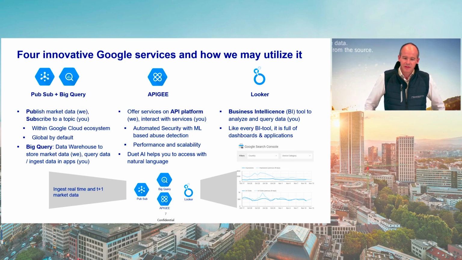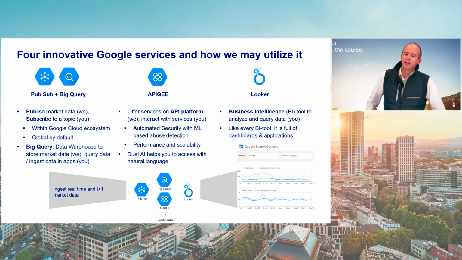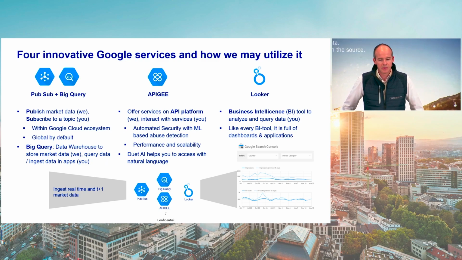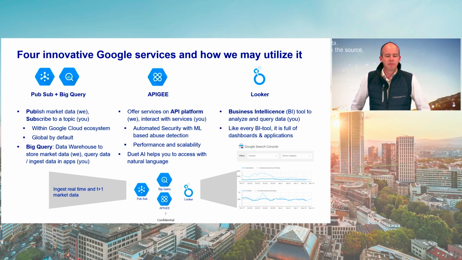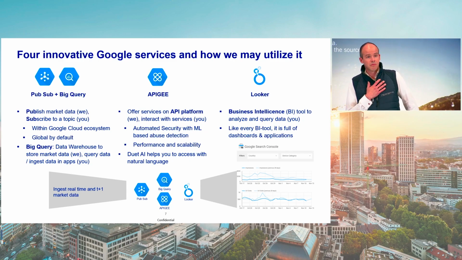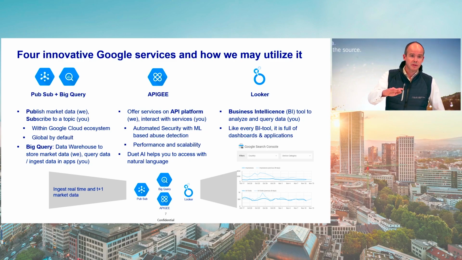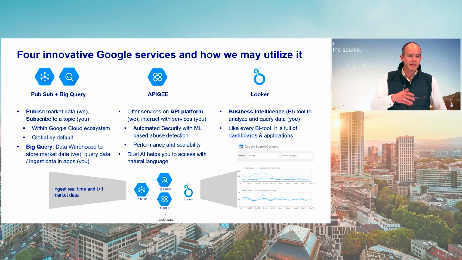And I would like to look into four Google services and how we may use them in future. What you see on the left side is PubSub and BigQuery. PubSub is relatively easy. You publish data. That's us. We publish data. You are the subscriber. You can subscribe to a topic and then listen to the feed.